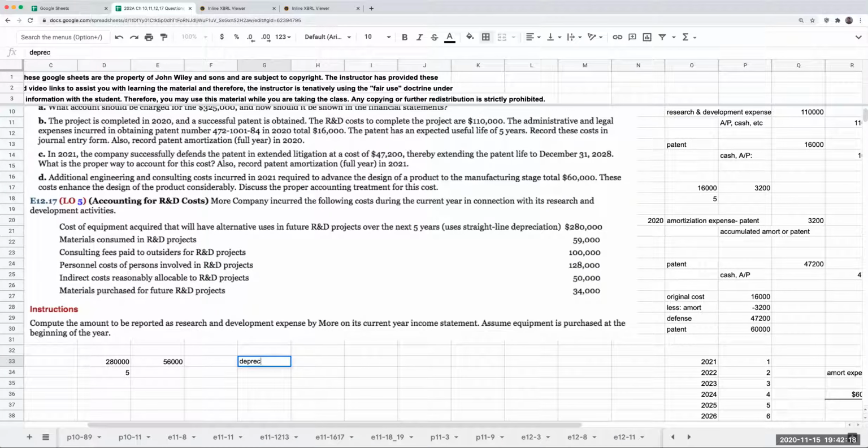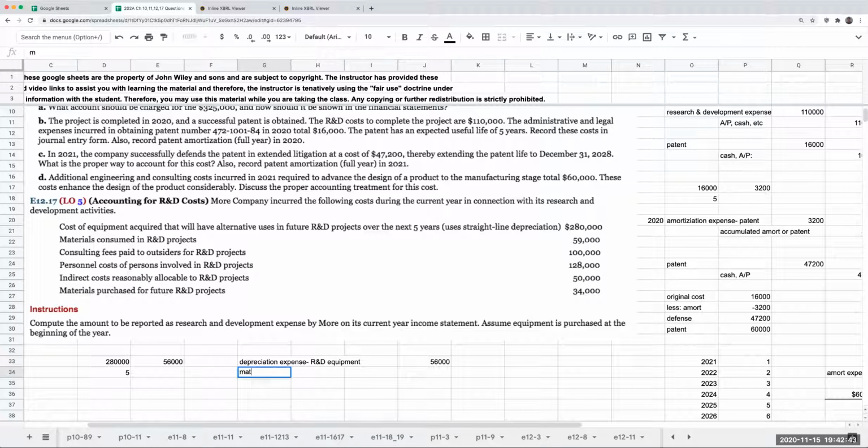So depreciation expense for the R&D equipment. Hopefully you learned how to spell equipment correctly. It's going to be about 56,000. Okay, so that's the first part.